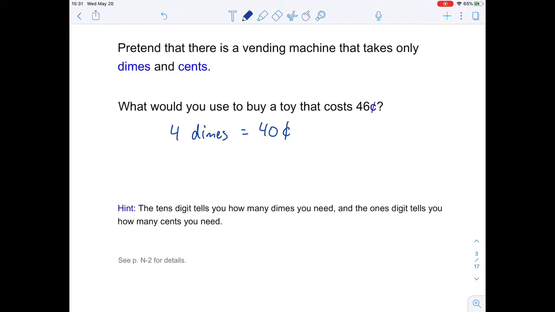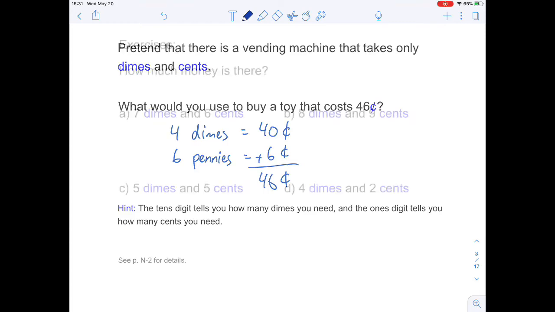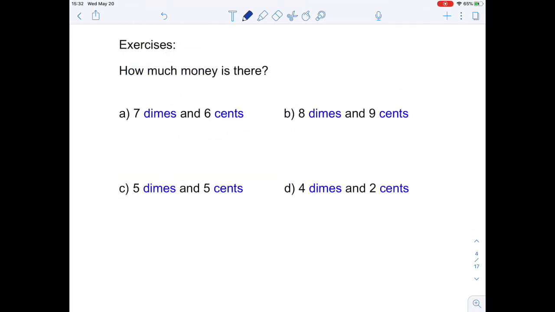And then 6 pennies. And that would make 6 cents. And if you add them up together, you would get your 46 cents. So remember to try this on your own first. Pause the video and then come back when you are finished.